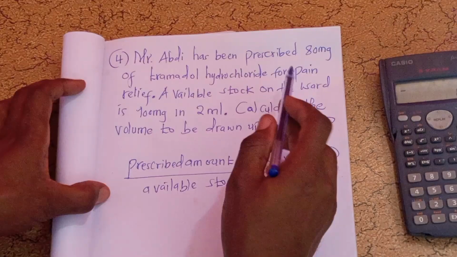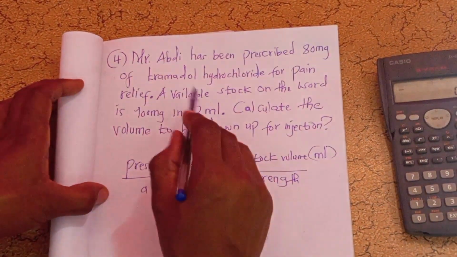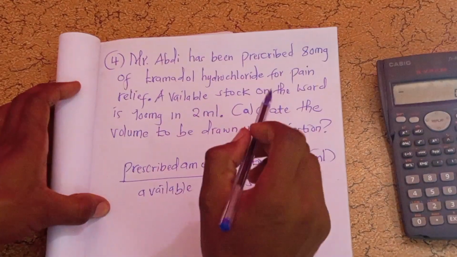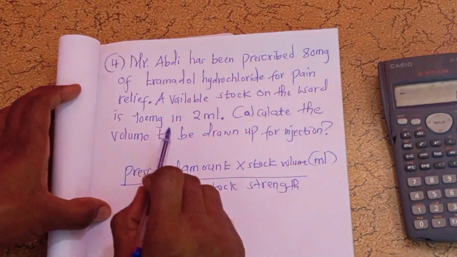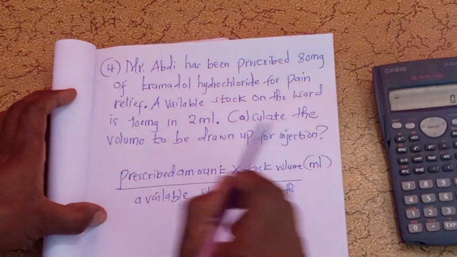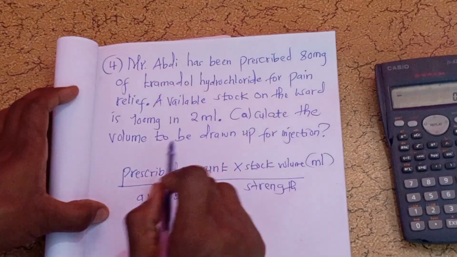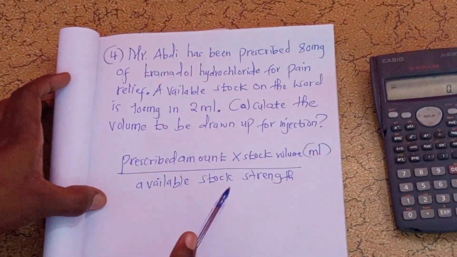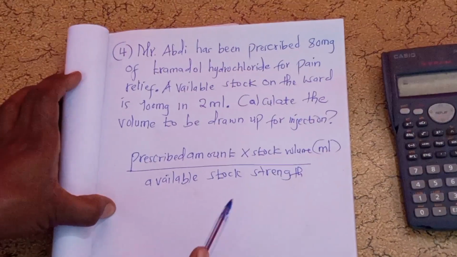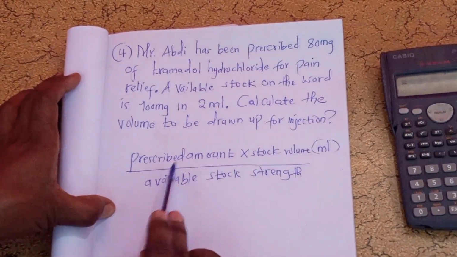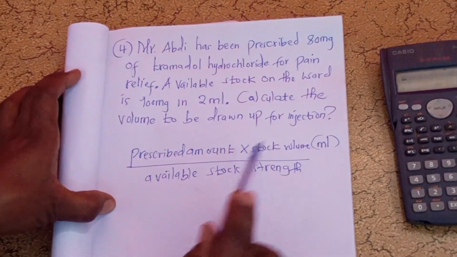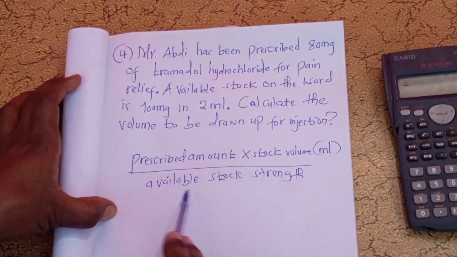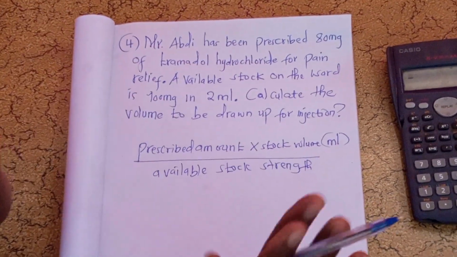So when you look at the question, Mr. Abdi has been prescribed 80 mg of tramadol hydrochloride for pain relief. Available stock on the ward is 100 mg in 2 ml. The question is saying calculate the volume to be drawn up for injection. So we have the general formula that we are going to apply, which is prescribed amount multiplied by stock volume, which is in ml, all over divided by available stock strength.